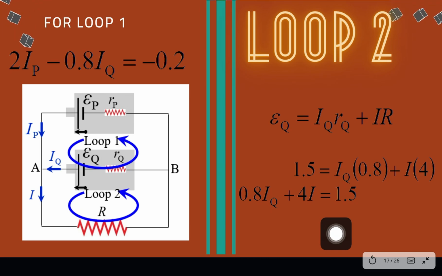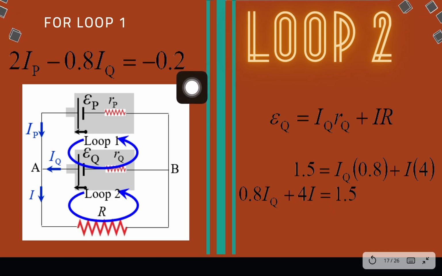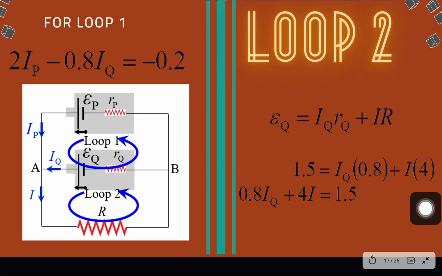So we have 3 equations just now: this is the equation for loop 2, the equation for loop 1, and the equation for the current, where IP plus IQ equals I. So we need to rearrange.